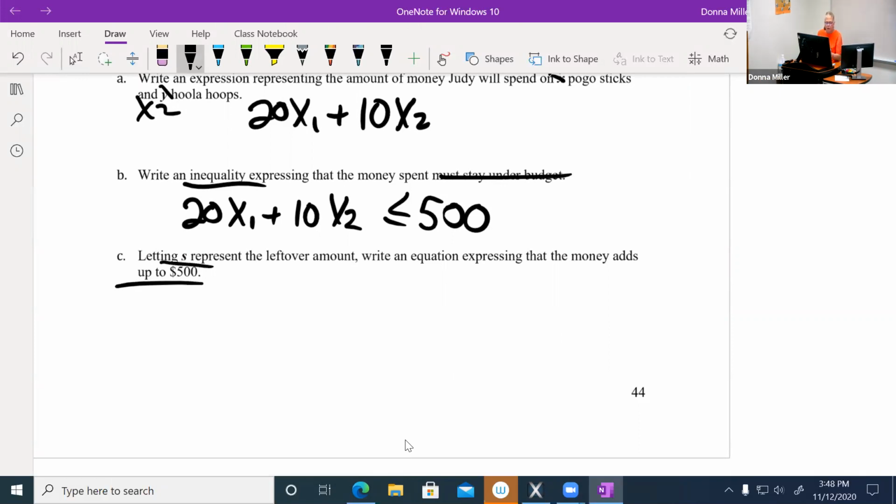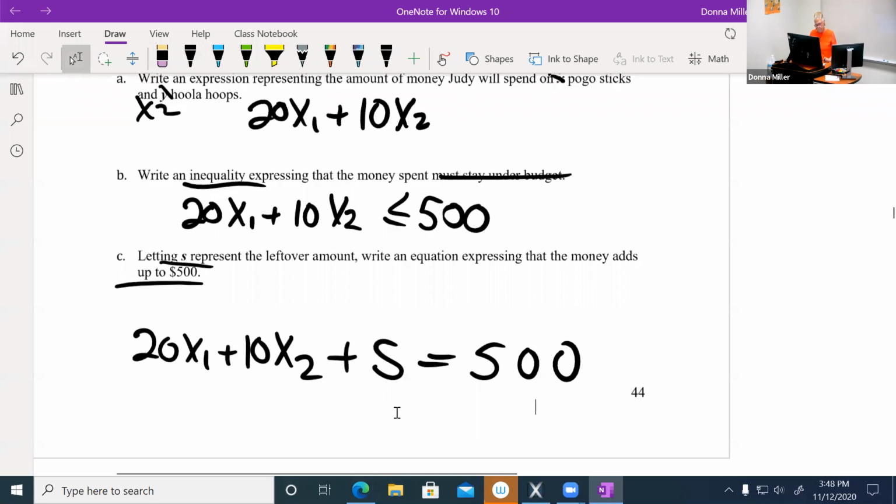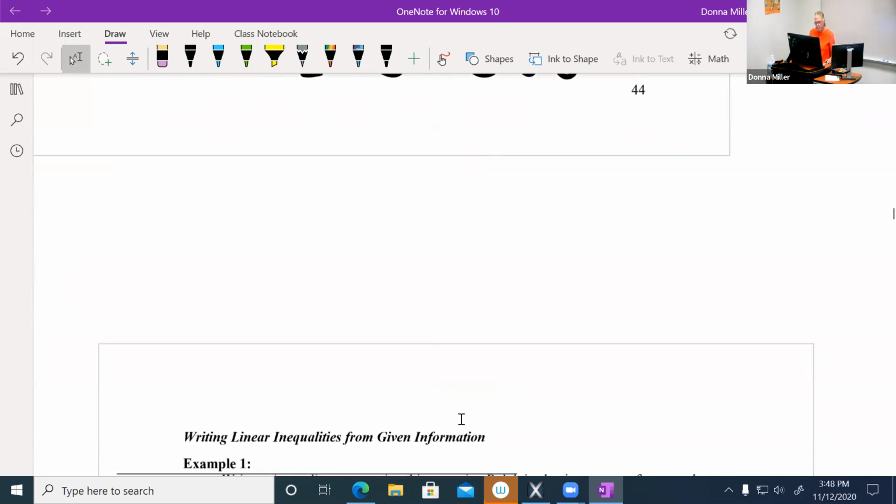So for it to equal 500, I take what I spent, which would be this, plus my leftovers, which I'm calling S, and set it equal to 500. So the slack is what I have to add to turn it into an equality. It's my leftover. Is that okay?